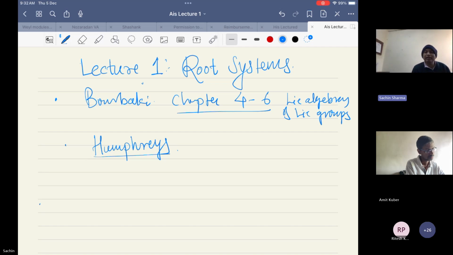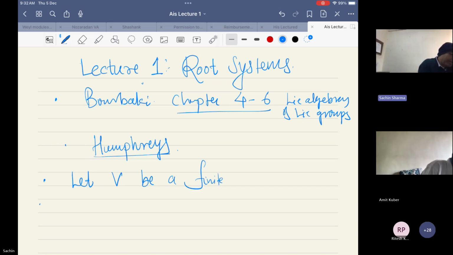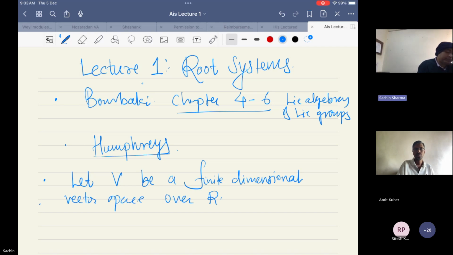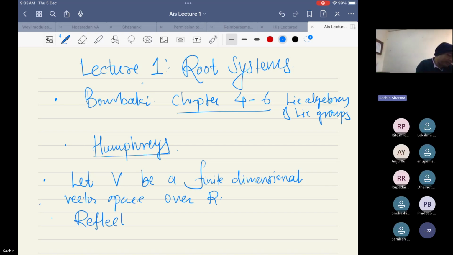So what are these objects? We will begin with: let V be a finite dimensional vector space over R. We will fix our base field as R. Then there is a very nice linear operator on the space V, which is called a reflection. Recall what a reflection is.